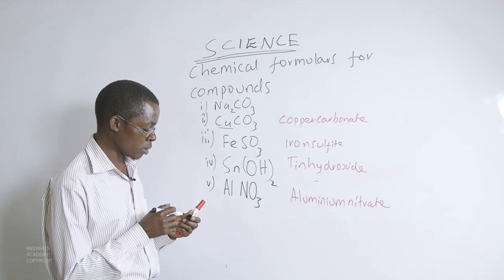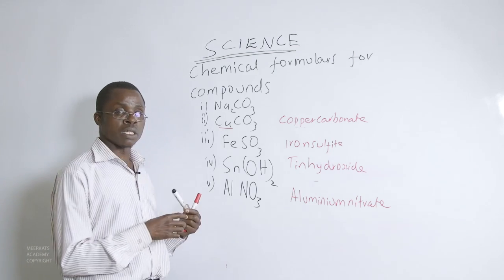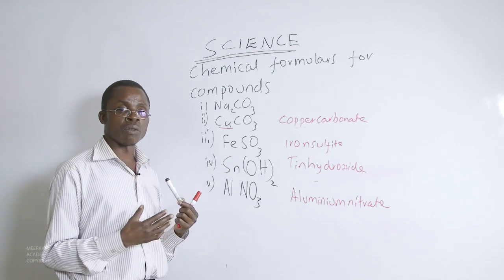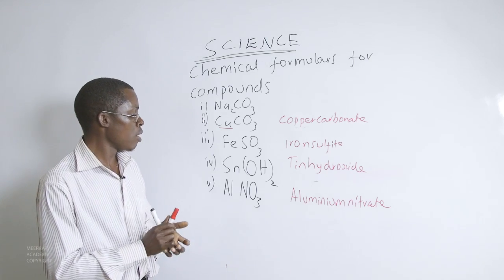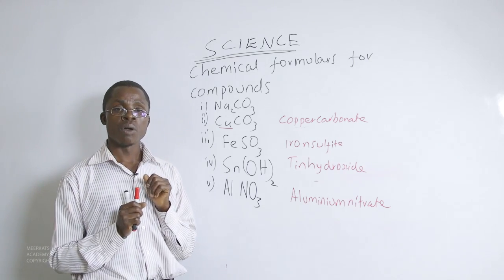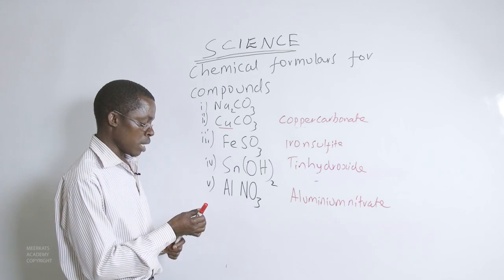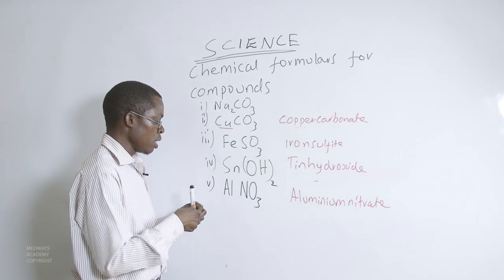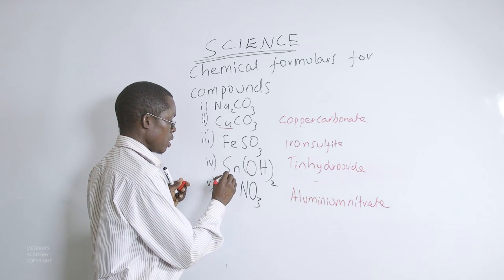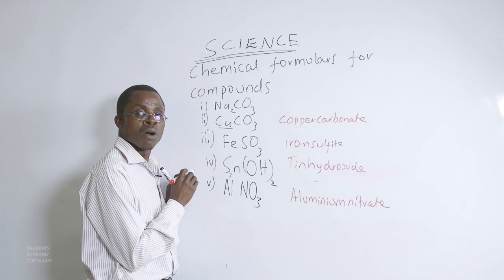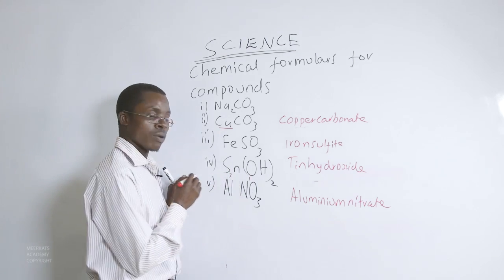It will never be confused with any other. Then after that, you ask yourself, what is the combining power of this type of radical? What is the combining power of this element? We learned that the combining power of aluminium is 3, and the combining power of nitrate is 1.